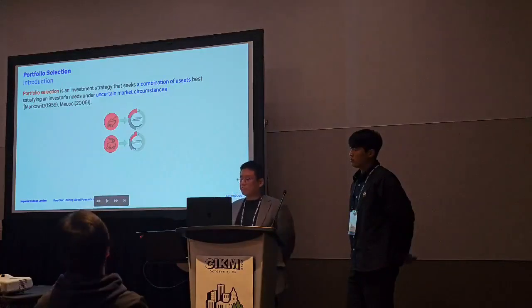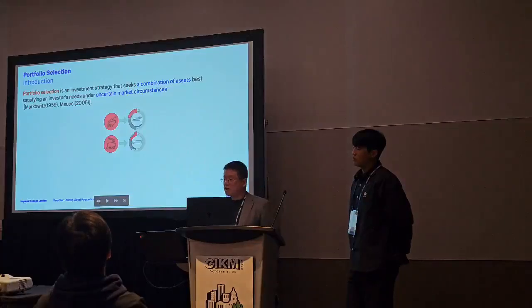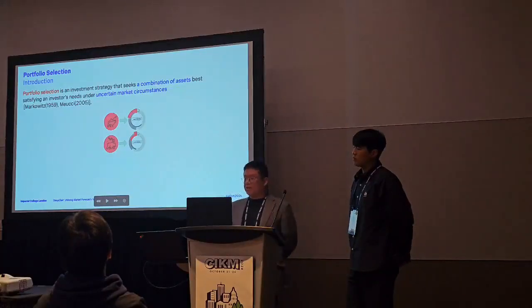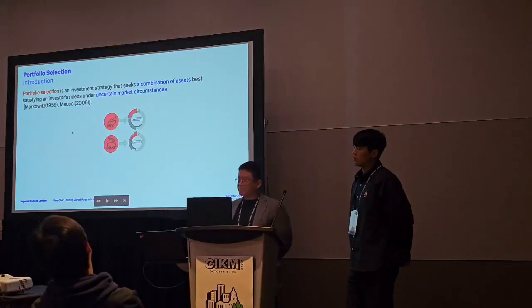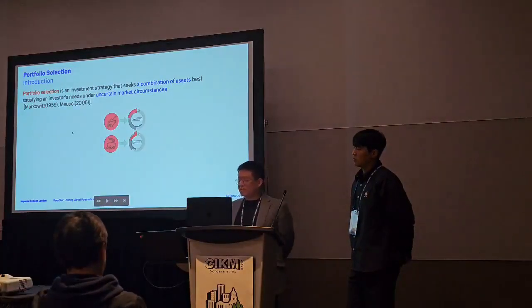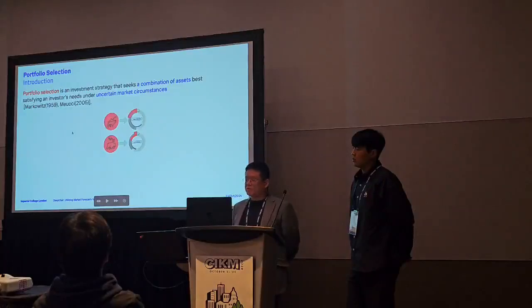So as you can see, let's say there are two assets we are interested in, and if we can figure out the first asset is going up in the future, then maybe it is better to put more money on that asset. Maybe in the opposite way, it could be possible as well.